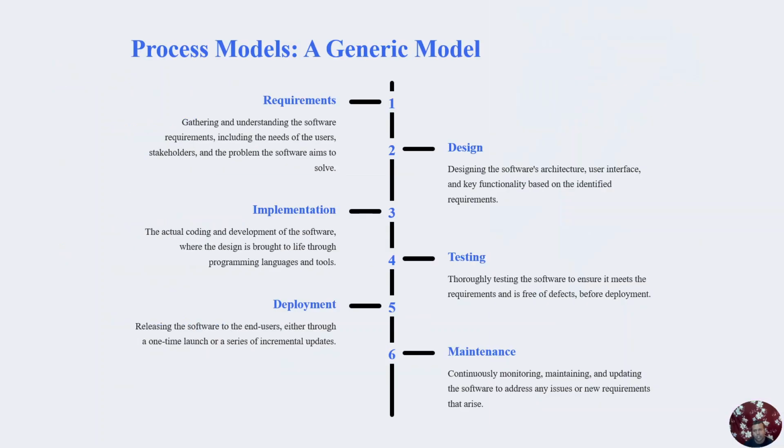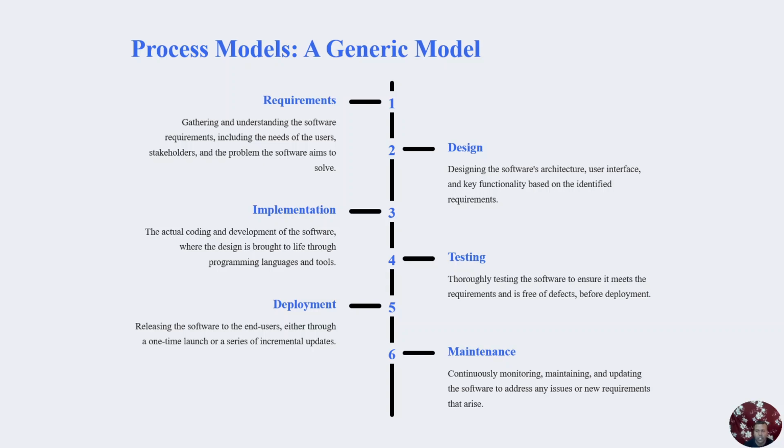Now let's see process models, a generic process model. Requirements gathering. Understanding the software requirements, including the needs of the users and stakeholders and the problem the software aims to solve. Design. Designing the software architecture, user interface and key functionality based on the identified requirements.